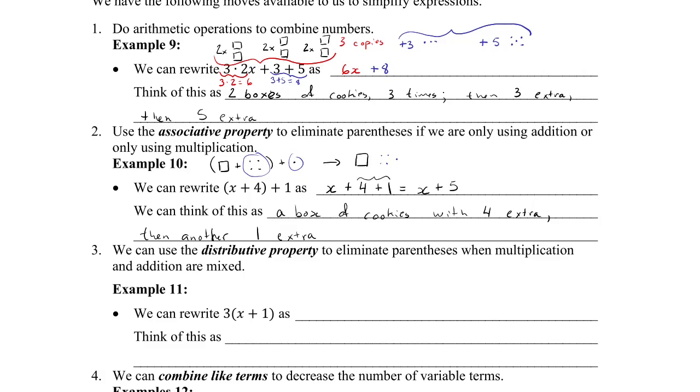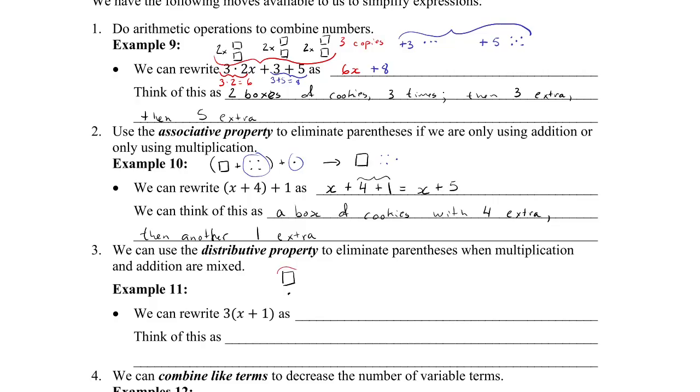So if we have 3 times (x plus 1), those parentheses are saying, even though the usual rule is to do multiplication first, in this case we want to do the addition first. So we'll take x plus 1 and then do that 3 times. So x plus 1, right, that's a box of cookies plus an extra. So that'll look like this.